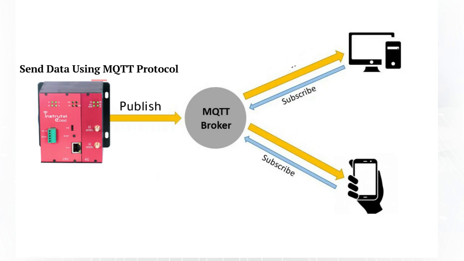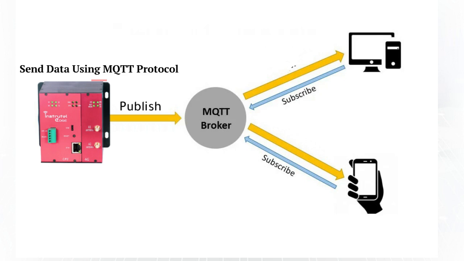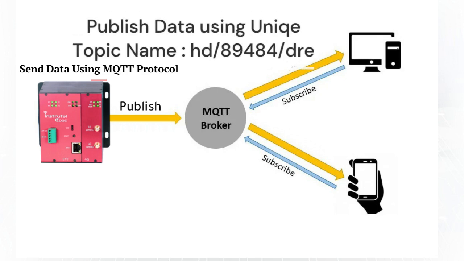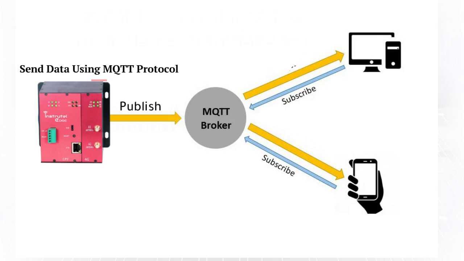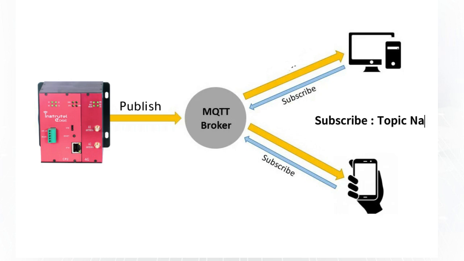The broker manages connections and subscriptions, and forwards messages to the appropriate subscriber. It publishes the data using a unique topic name. If someone subscribes to this topic, then the subscriber is called a client. The client receives the latest data coming from an IoT gateway after subscribing to the topic.